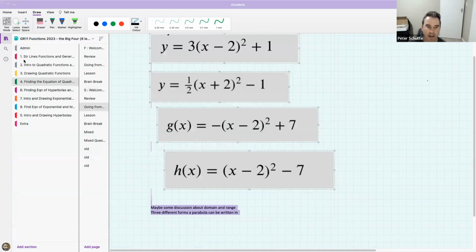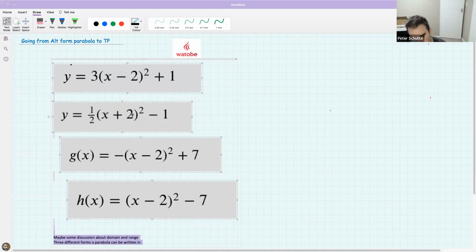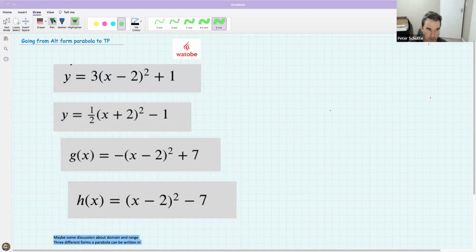Awesome. So what I want to do now is focus on the turning point form of a parabola for a little bit. In steps 4 and 5 of drawing a parabola, you find the axis of symmetry and you find the turning point. Basically the axis of symmetry is just the x coordinate of the turning point.